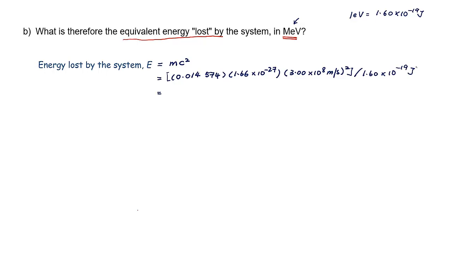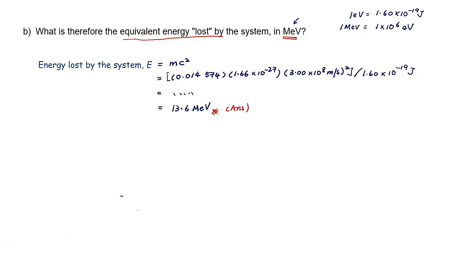And then 1 mega electron volt is 1 times 10 to the power of 6 electron volts. Working this out, you should be able to get the value to be 13.6 mega electron volts, and that would be the answer for part B.